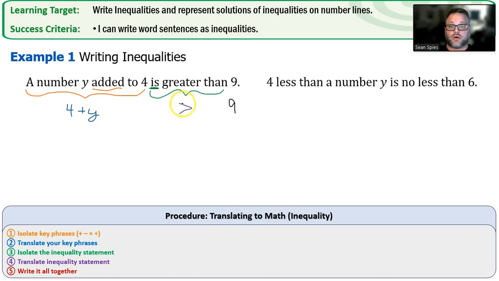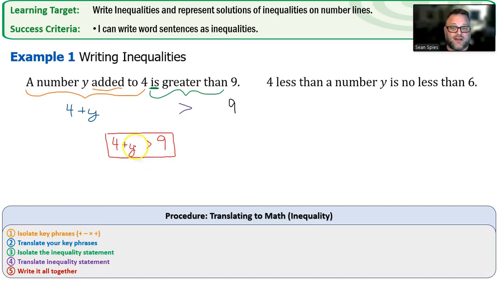So we write our greater than symbol, then we just bring down our 9 because 9 is 9. There's nothing to translate there. Next step, or last step here, is to write it all together in one inequality. We indicate we have our final answer by boxing it in, which means we have followed all 5 steps of first isolating key phrases that mean addition, subtraction, multiplication, division, and in the future it'll also be exponents and roots.